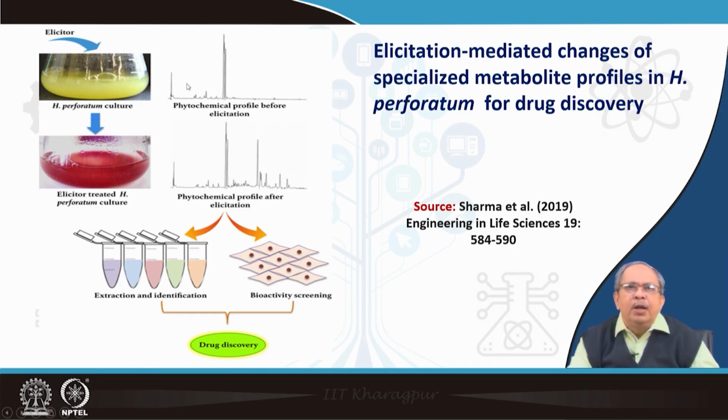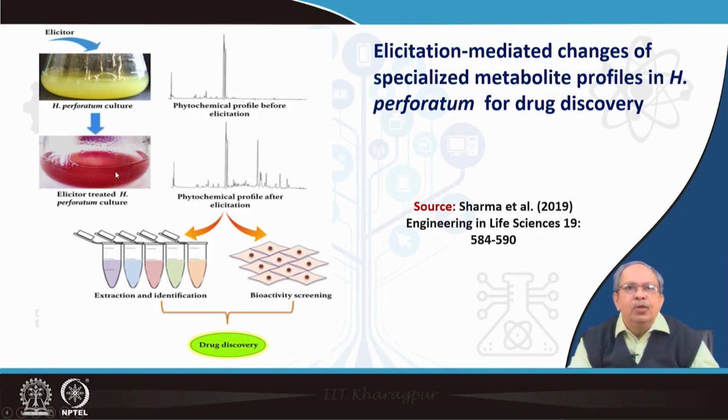We will talk about Hypericum later when we come to that particular group, but here what I meant to say is that first the Hypericum perforatum cell cultures were established. Later these cell cultures were treated with elicitor, and as a result the cell culture started changing its color. It is producing a red color, which could be because of the metabolite hypericin and other compounds.